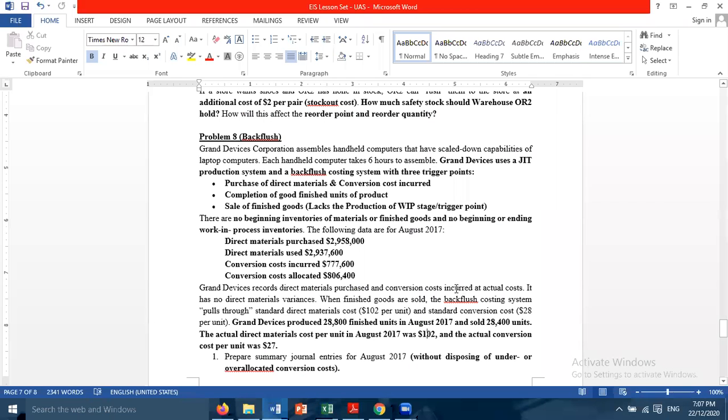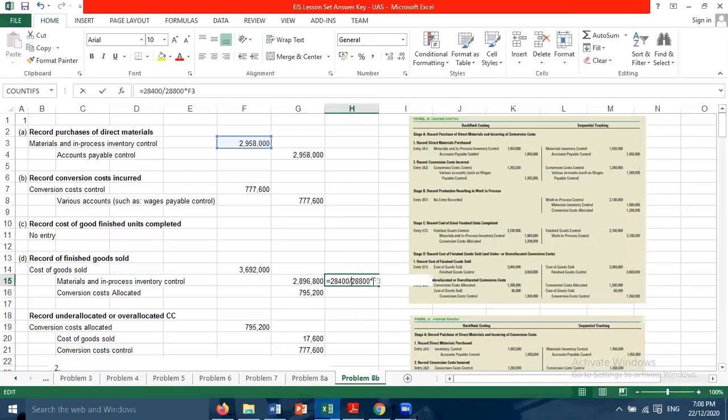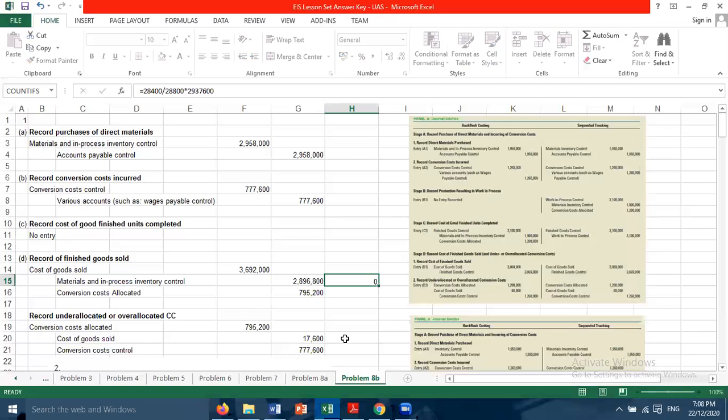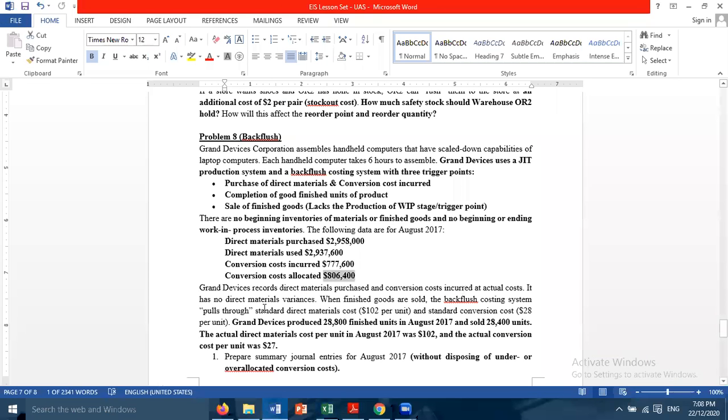Where's conversion cost allocated? 806,400. Oh, sorry. I multiplied the wrong thing for it. This is multiplied by 293,7,600, right? Right, sorry. Remember, we're gonna use direct materials used, since this is used, not purchased, right?